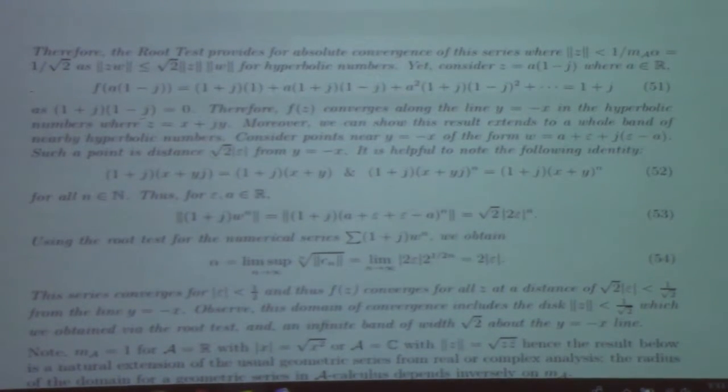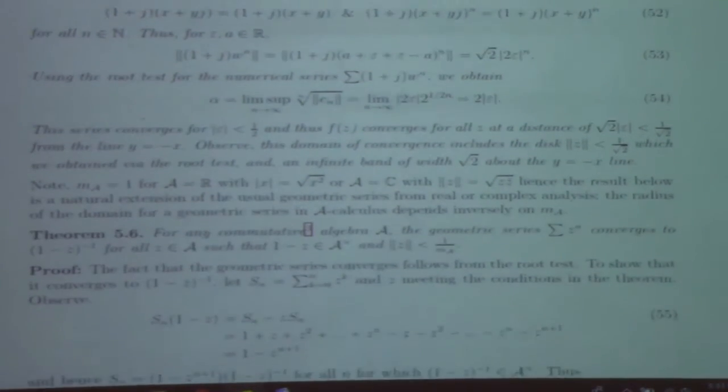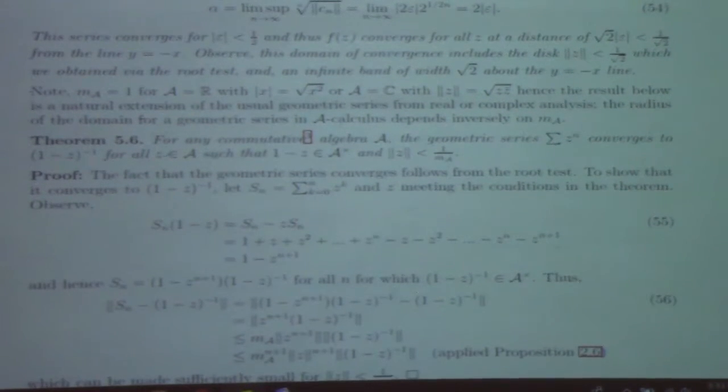Now, truth be told, what's the right way to look at that example? It's nothing more than, in the direct product algebra, something like the series of (1, 0) times (x, y) to the n.